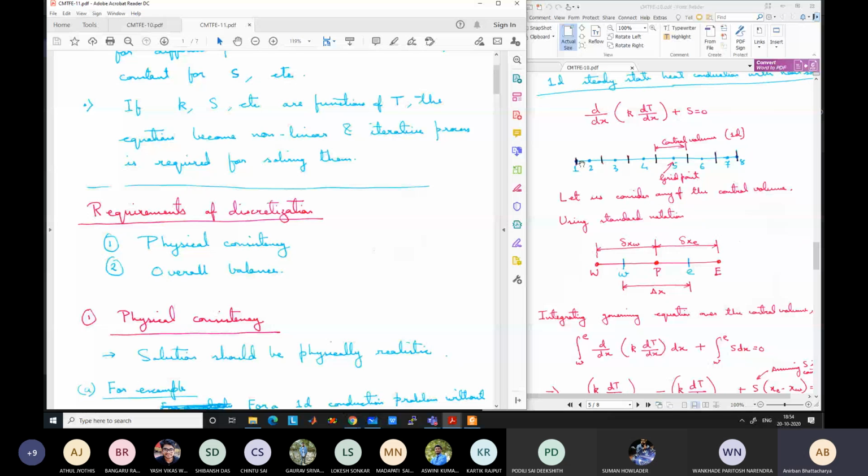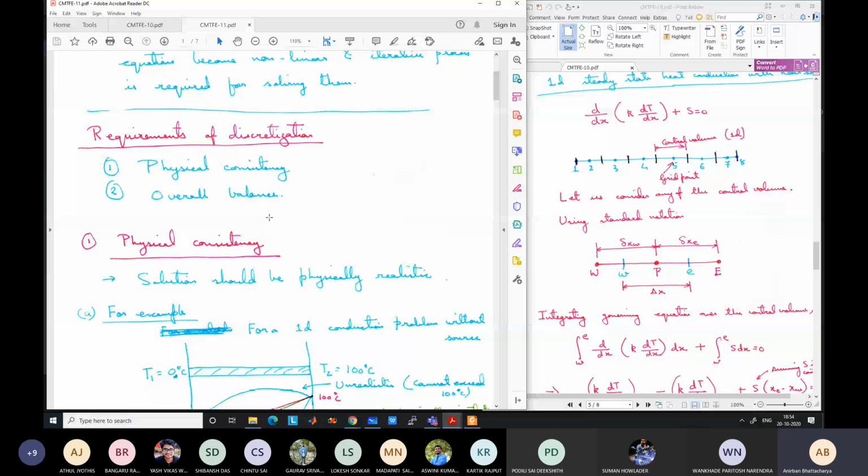Second is that overall balance has to be there. Overall mass, momentum, and energy have to be conserved, and that second part is always already taken care of by the finite volume formulation. But these are the two important requirements of discretization. Physical consistency, I have already explained with one example. Let us take a look at another.